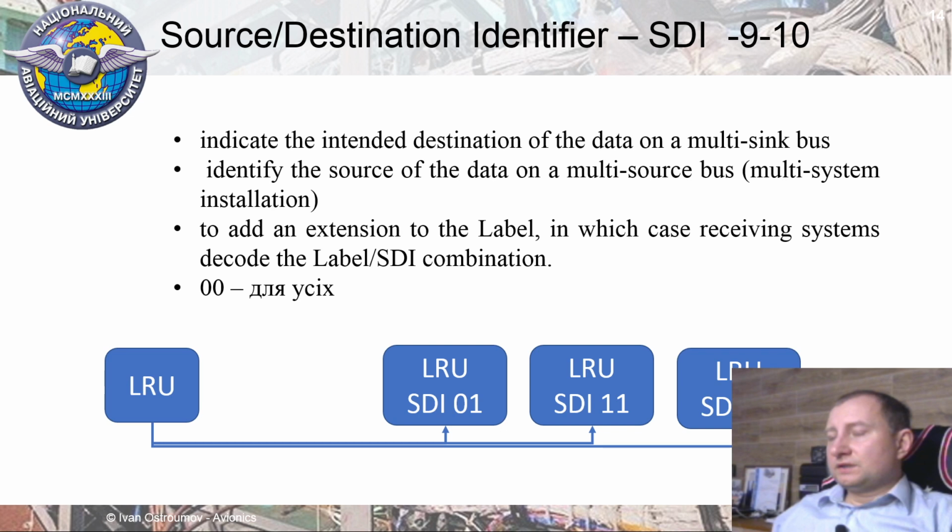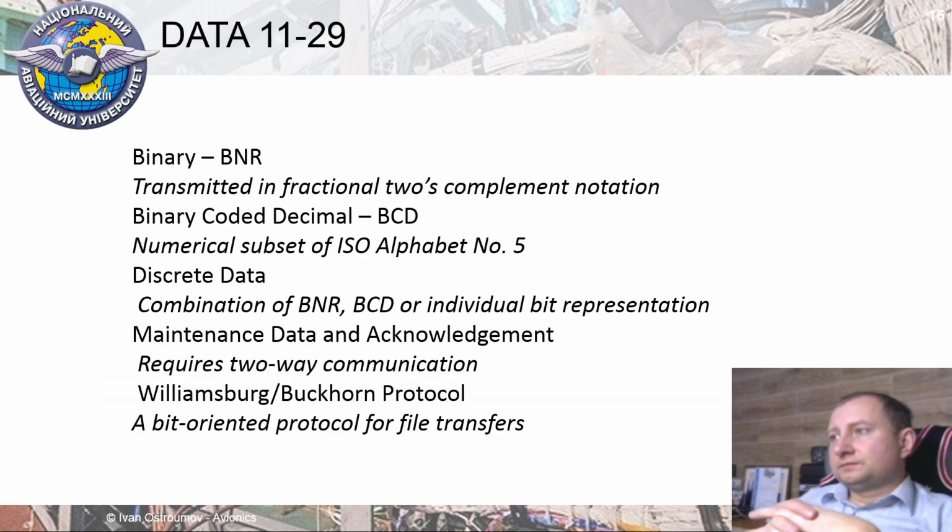Then, from 11 to 29, we have the data field. Data in this data format can be transferred in different data types, and ARINC 429 supports the following formats.